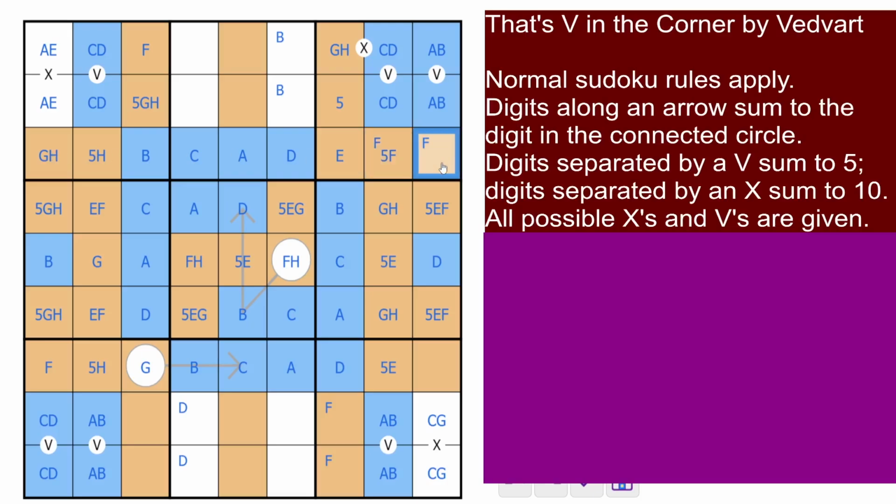H5. We can remove now 5 from here, right? Because of 5 here, 5 GH. So that has to be 5 now. We can remove 5 from here to become this H. This has to be now 5E. Now we got 5EF, right? That has to be H, isn't it?